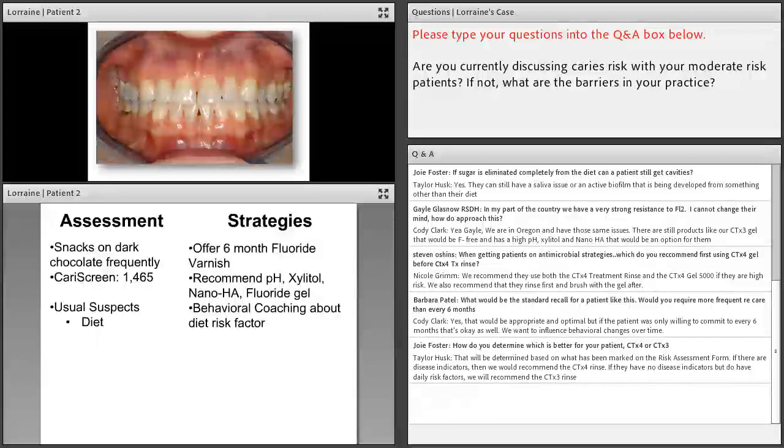And her mouth was extremely dry. She carries a water bottle with her, but she started sucking on hard candies 2 years ago. And now she's going to have 80% of her teeth extracted. She had healthy teeth up until 2 years ago, and now she's losing 80% of them.